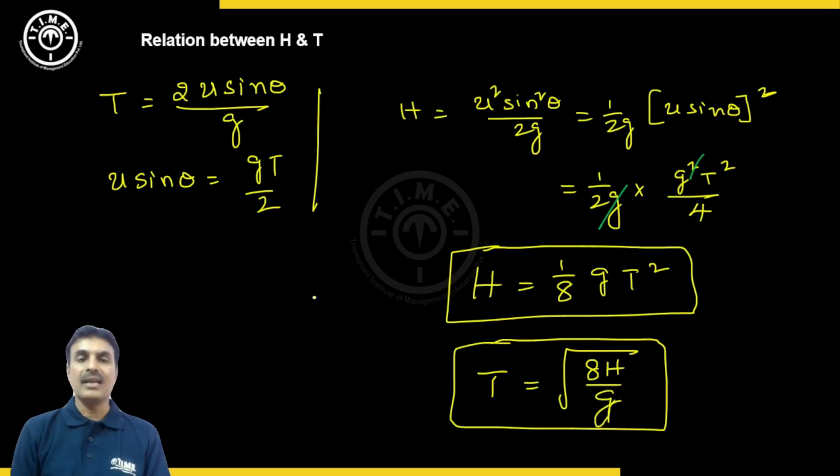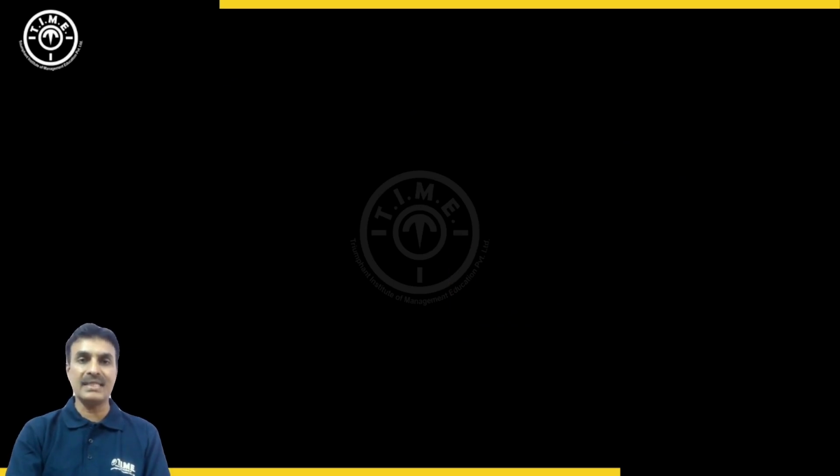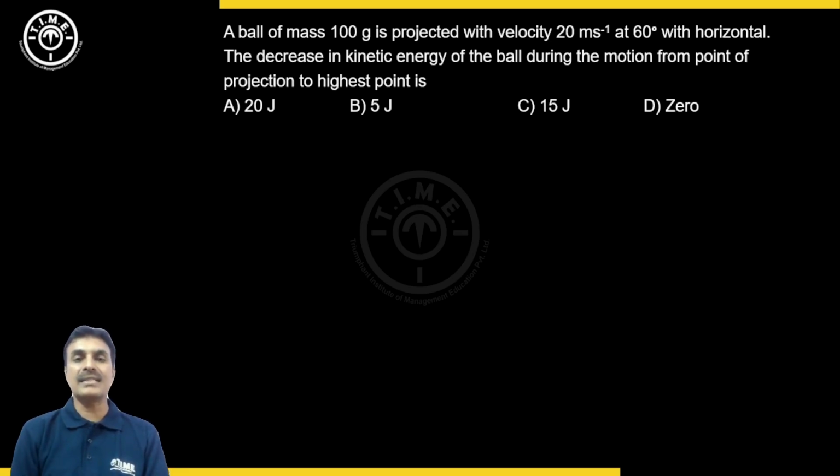Now, based on these concepts, let's have a look at the previous JEE and NEET questions. Here is a question asked in a recent past JEE main. A ball of mass 100 gram is projected with a velocity of 20 meter per second at 60 degree with the horizontal. The decrease in kinetic energy of the ball during the motion from point of projection to highest point.